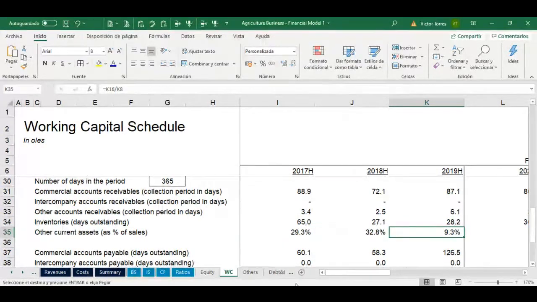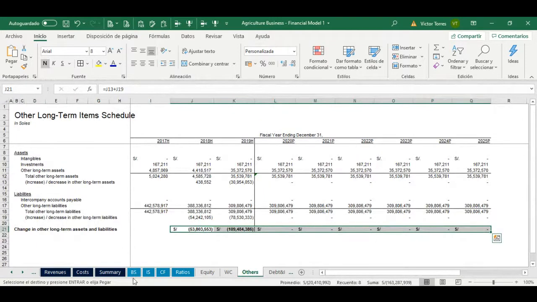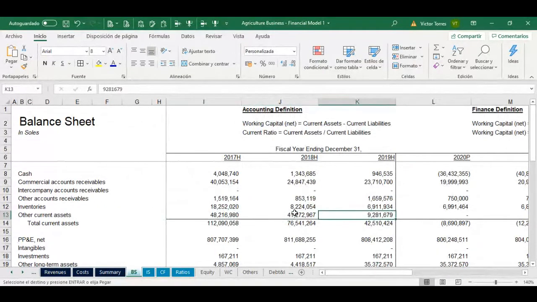So remember here on the balance sheet tab, and I'm doing this in the working capital tab, but it can be considered outside that. Other current assets, on this line, has some particular number that is basically not a commercial account receivable.